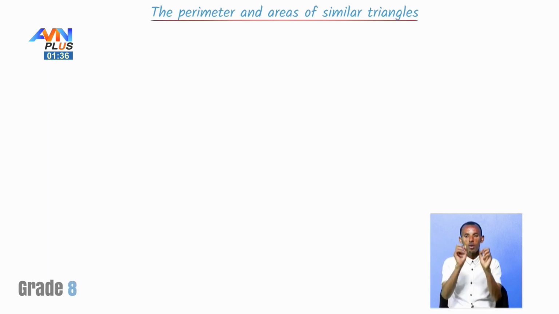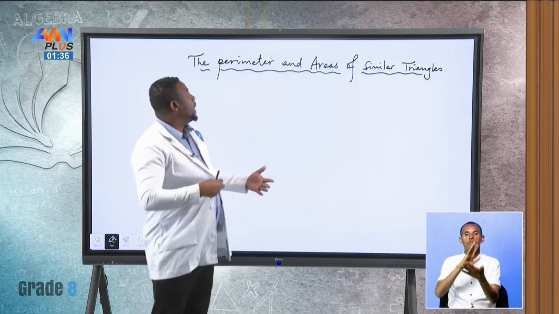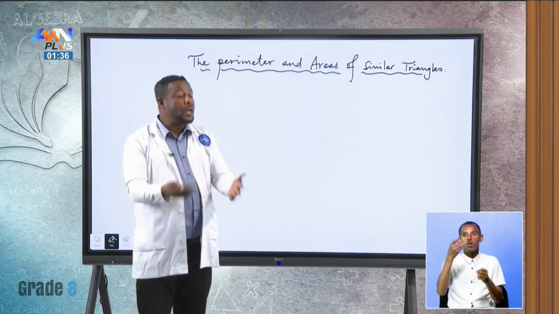Okay. So under this topic, we will try to see a certain relationship between the perimeters and areas of similar triangles.